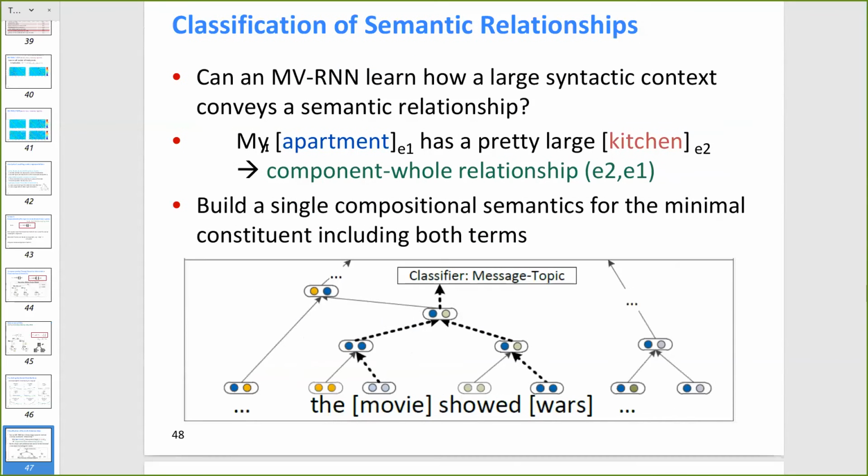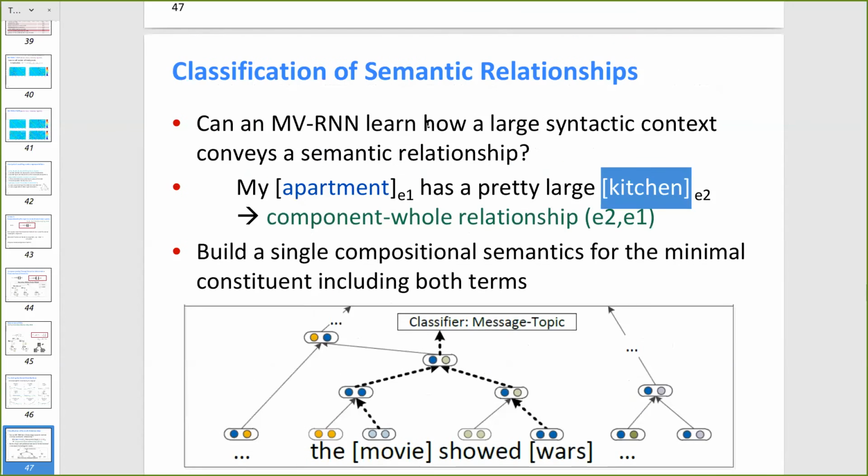The example is, my apartment has a pretty large kitchen, and what we're looking at is a component-whole relationship between the words apartment and kitchen. So this is one example of a task on which this model is used.